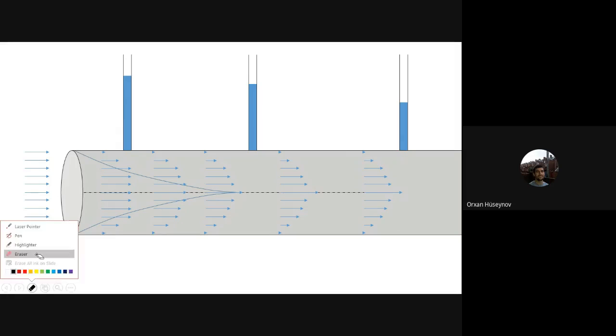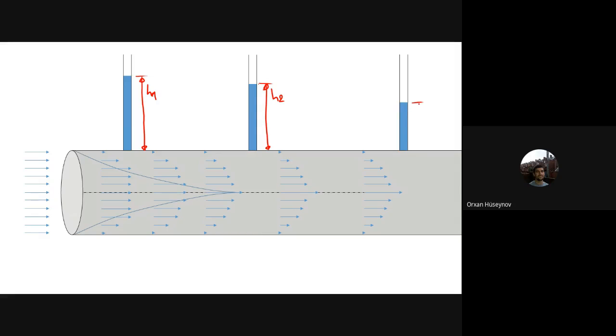You start the pipe with some manometer height here, H1. When you go to the next section of the pipeline, you have H2. When you go to the next section, you have H3. You can see the height of the manometer drops.